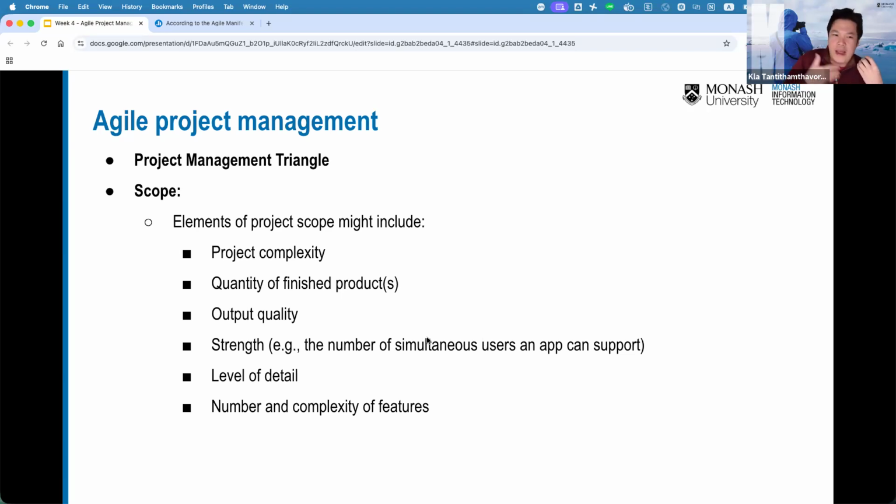It will impact the output quality, the details, that kind of thing. There are lots of elements that could impact project management, and these are the factors related to the scope.